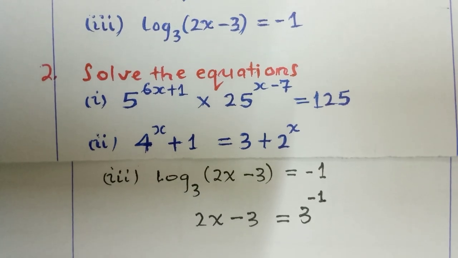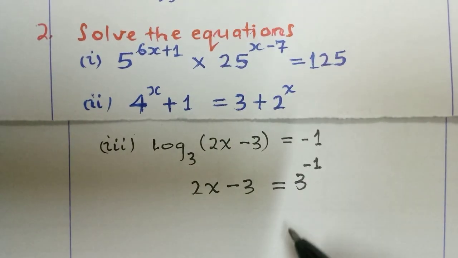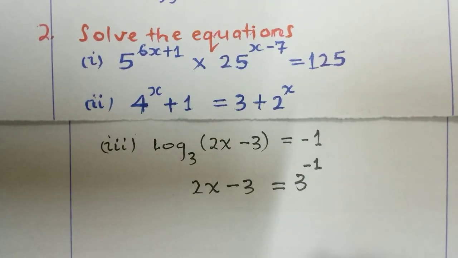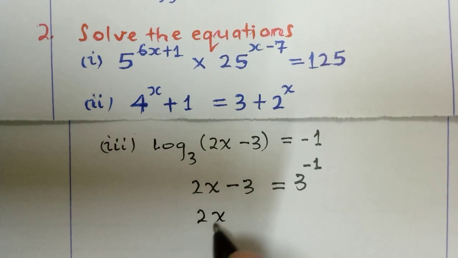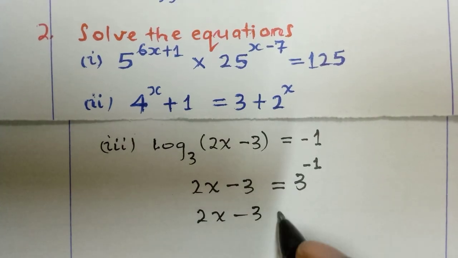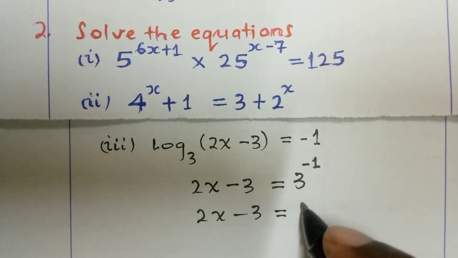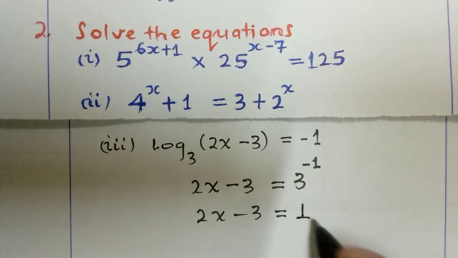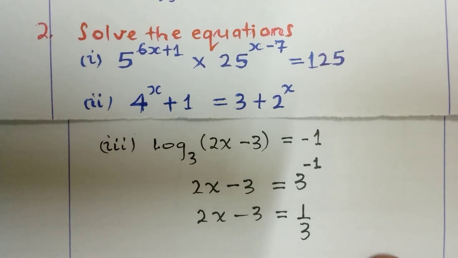And then now guys, using the law of indices again, we can write 2x minus 3 is equal to, instead of writing 3 raised to negative 1, this one is the same as 1 all over 3 raised to 1, of which we don't have to write it.